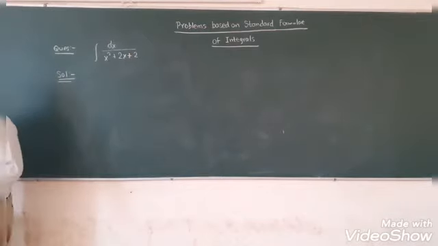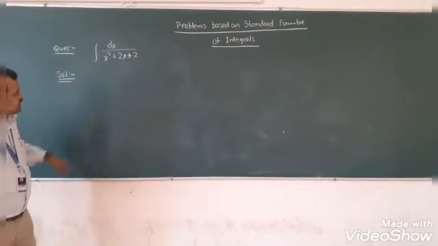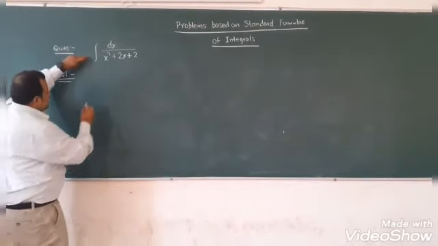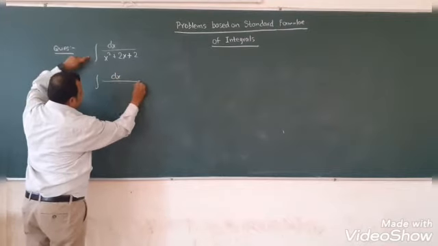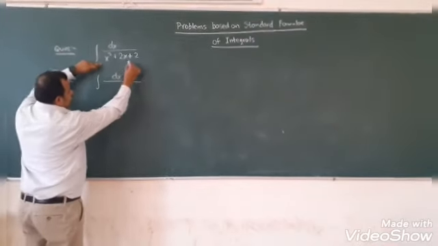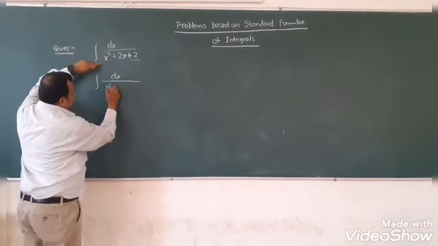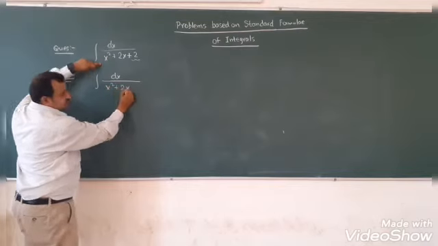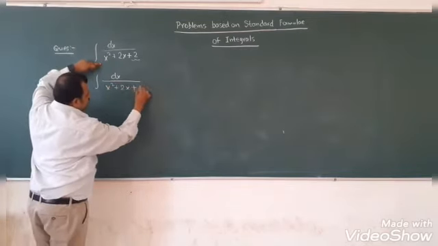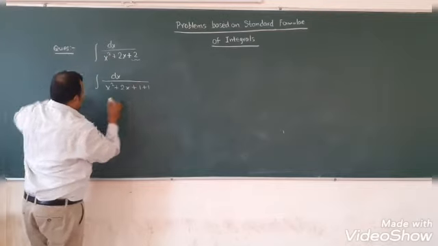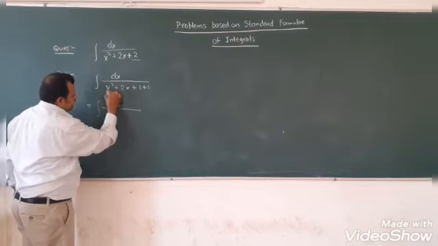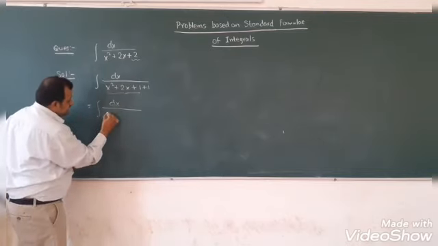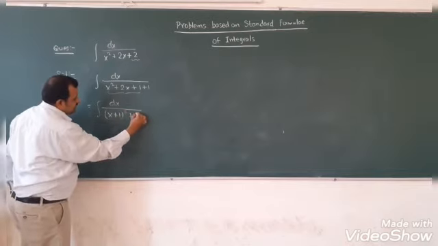I think this question is similar to the previous one, but here the root is not there. So first make it a perfect square. dx divided by x square plus 2x, and 2 we can write as 1 plus 1. Or this we can write as dx divided by x plus 1 whole square plus 1 square.